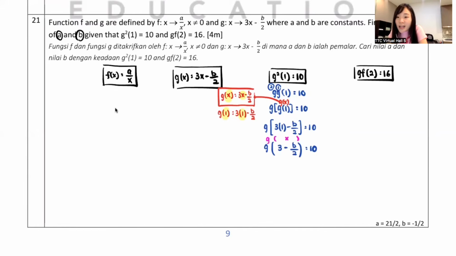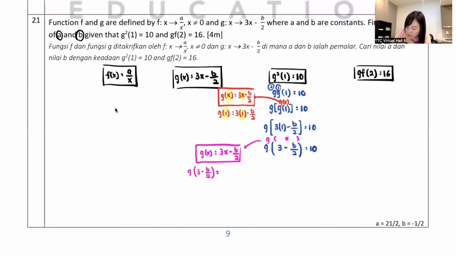So you must be thinking, teacher, the inside is so big. Yeah, the inside is super big, but it is still an x. After all, no matter what they write in the bracket, it is still the object, which means it is still the x. So this is G(x), right? The G(x) equation is still talking about the same equation. You see that? And now you are doing G(3 − b/2).